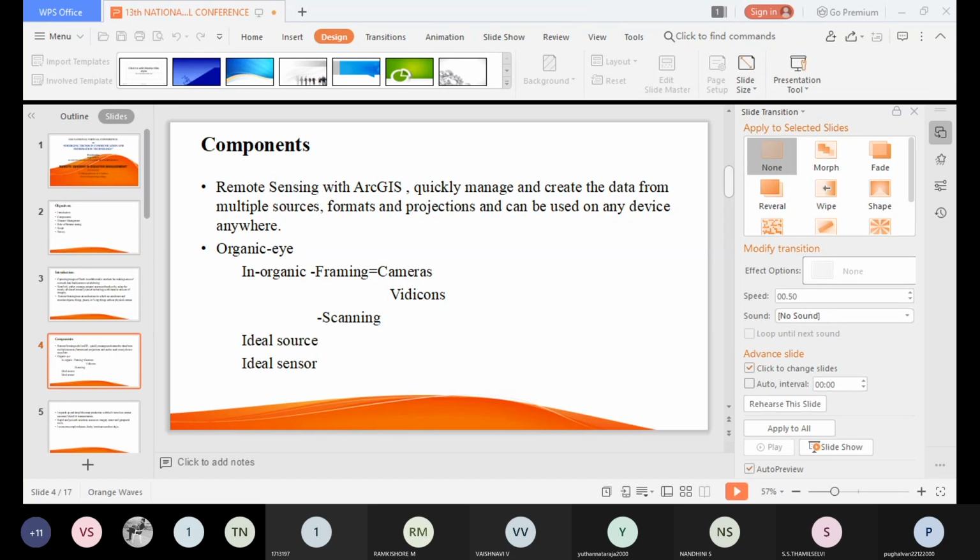An ideal source contains constant intensity for all wavelengths, and then the ideal sensor contains different intensity for different wavelengths. So these are the general components of remote sensing. Next.